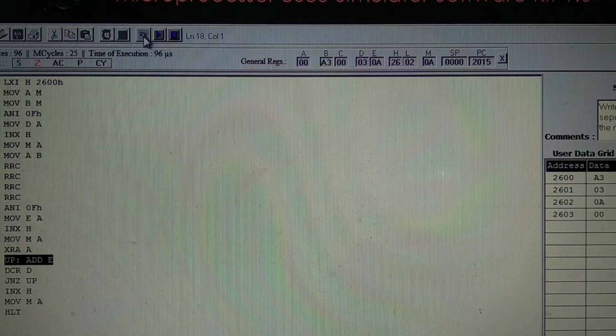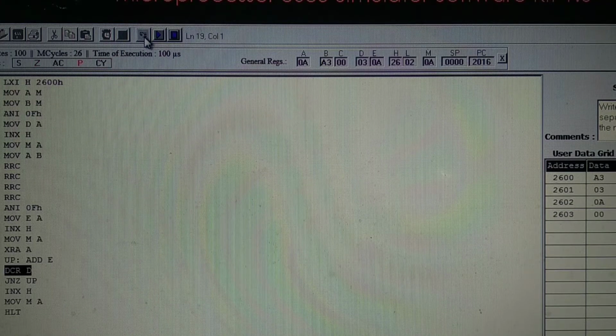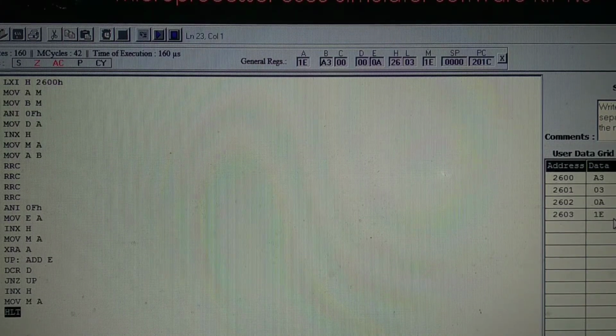We are executing XRA A, the accumulator is made 0, add E, decrement D. Again add E, decrement D. Add E, decrement D. Execution stops. Here you will get the result in that memory location as 1E.